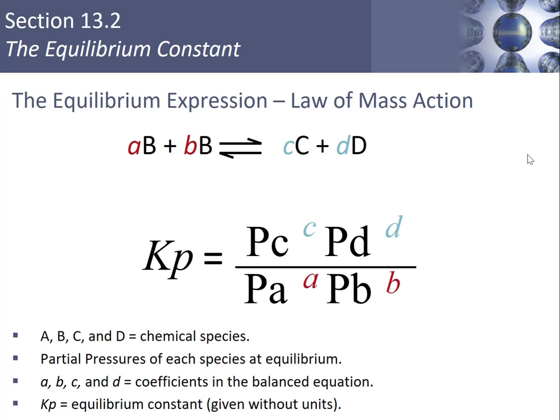The other expression could have been called Kc, but it's also very common, so we just tend to call it K. So here, if we had 4 gases in our expression, we would have the partial pressure of gas C raised to the power of the coefficient, times the partial pressure of substance D raised to its coefficient, divided by the partial pressure of A raised to A and the partial pressure of B raised to B.